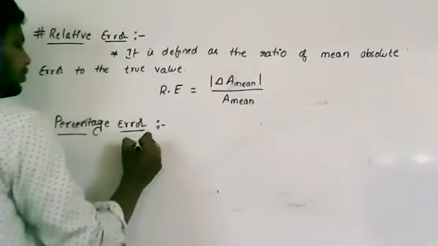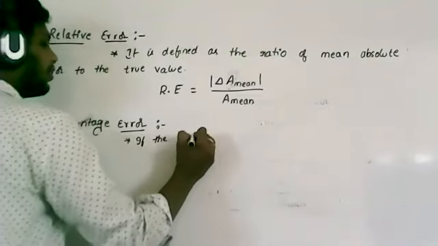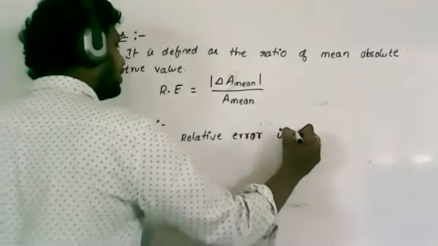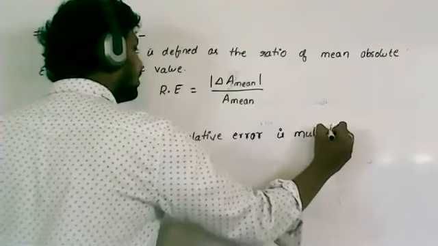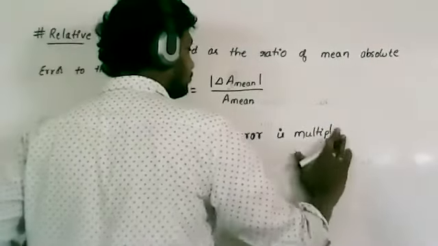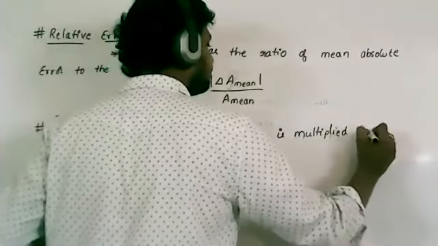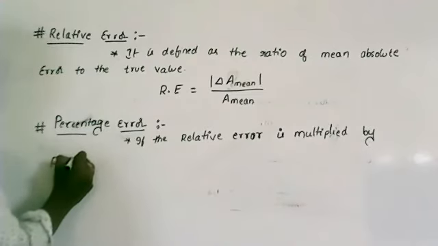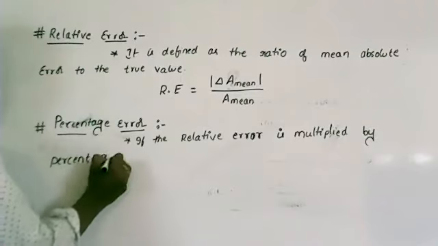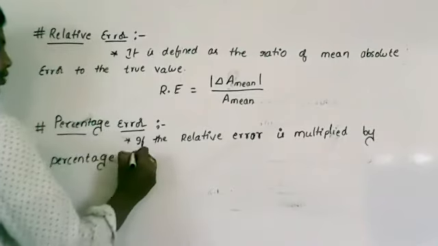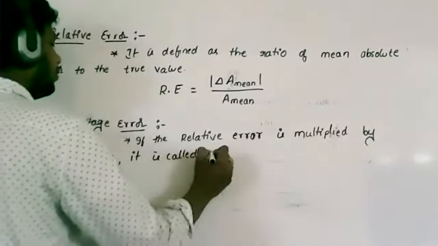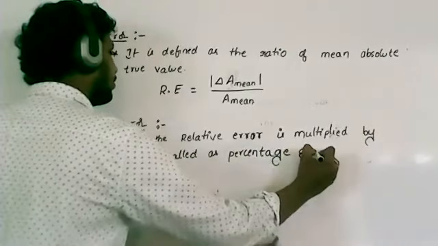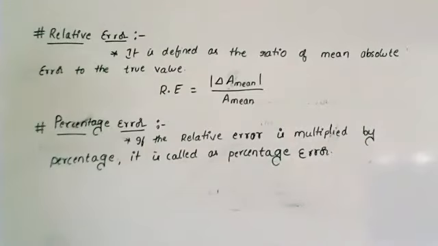Now remember, if the relative error is multiplied by percentage, it is called as percentage error.